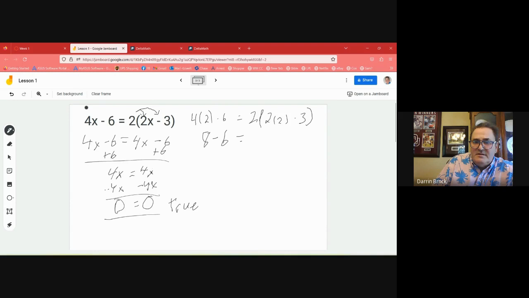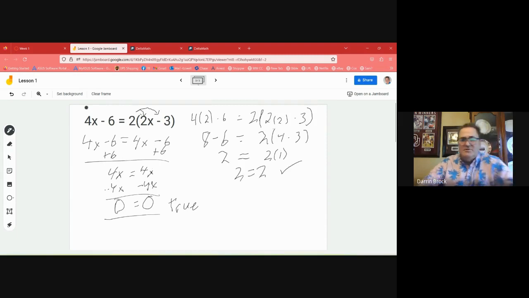Over here, we've got in the parentheses first, 2 times 2, we've got a 2 outside. We got 4 minus 3. So this will be 2 times 1, right? Over here is 8 minus 6. So we've got 2 equals 2 times 1. 2 equals 2. Well, that's a true statement. So that x was a solution.